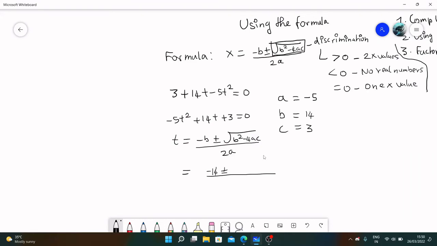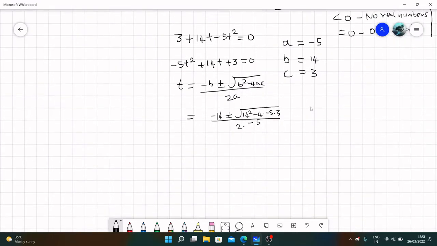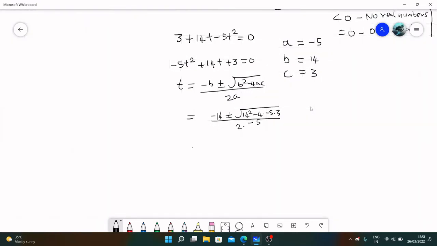Minus 14 plus minus the square root of 14 squared minus 4 into minus 5 into 3. This is fairly simple. You have minus 4 into a, which is minus 5, into c, which is 3, by 2a. A is minus 5, so 2 into minus 5. This is all basic algebra, or just basic substitution.